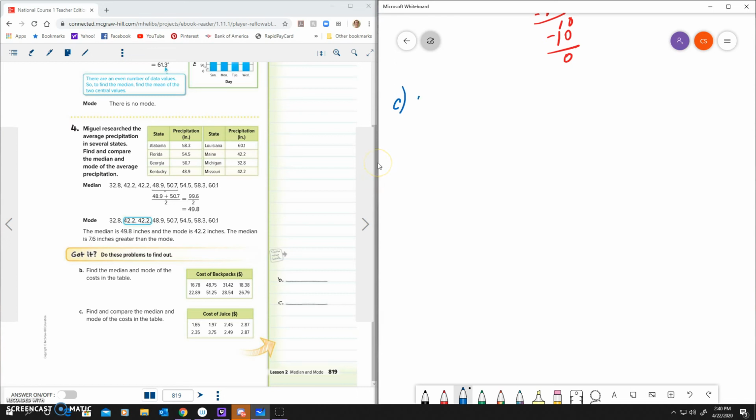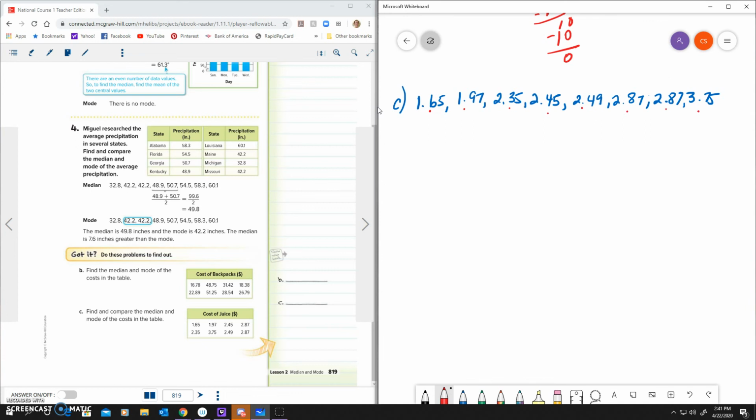We put them in order. 1.65, 1.97, 2.35, 2.45, 2.49, 2.87, 2.87, and 3.75. Okay, so if we count these, 1, 2, 3, 4, 5, 6, 7, 8.